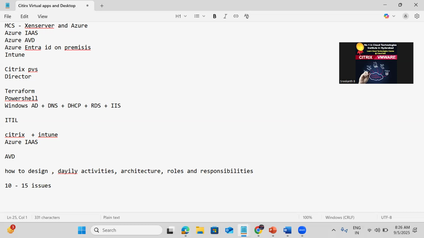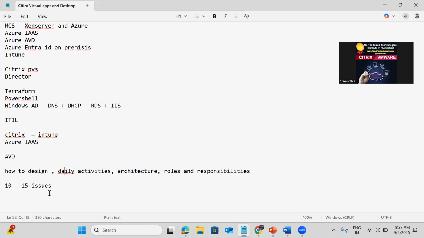If you prepare this, we can very easily clear the interview. What we need to design is how we have designed the architecture, what infrastructure we have, the daily activities, roles and responsibilities, and architecture. In each component we need to identify 10 to 15 issues, and we should be able to answer those issues.